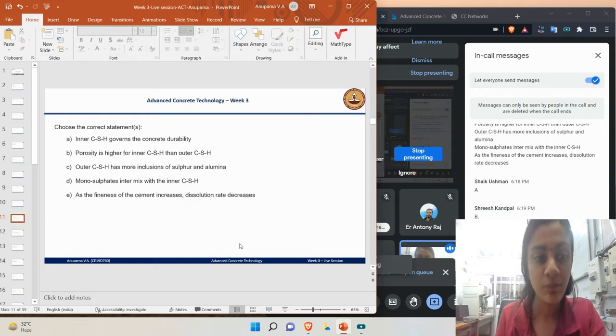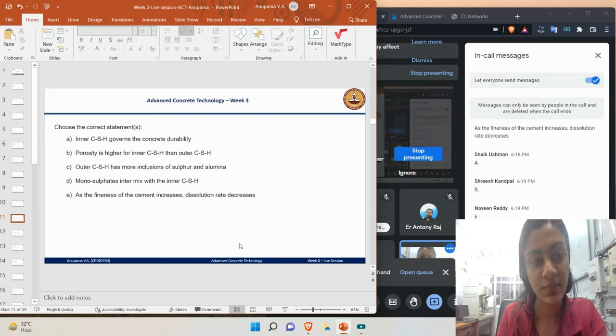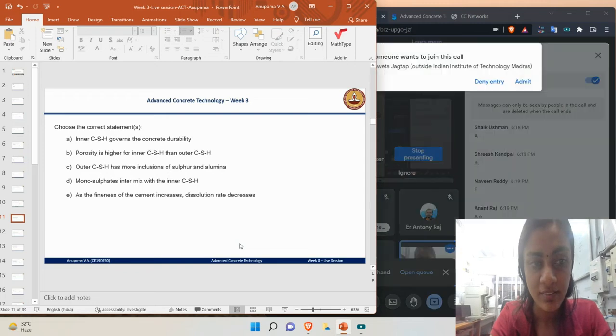Option E: as the fineness of the cement increases, dissolution rate decreases. I hope the statements are pretty clear.